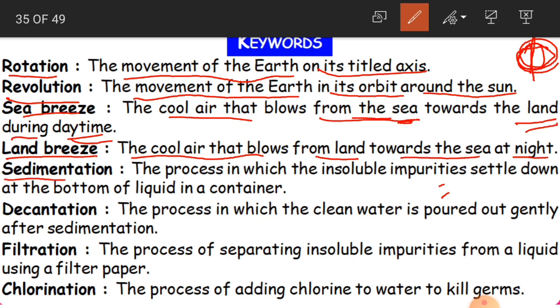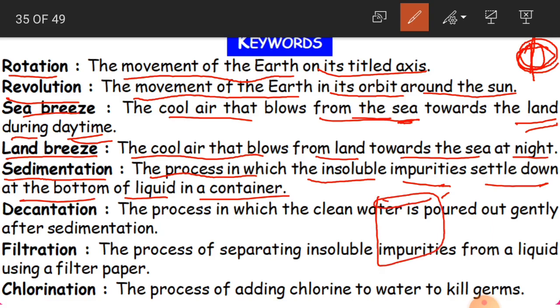And now the other word is sedimentation. The process in which the insoluble impurities settle down at the bottom of a liquid in a container. Insoluble impurities like sand, dirt and all that settle down at the bottom of the liquid.